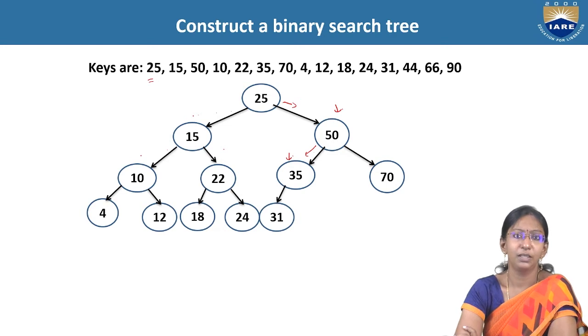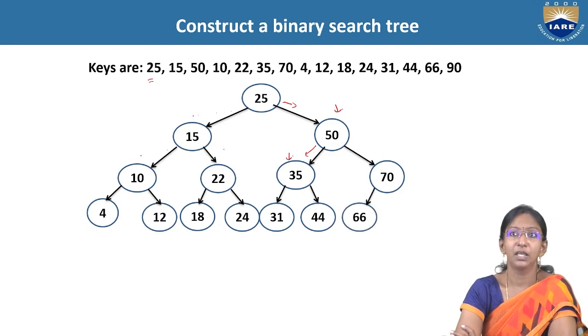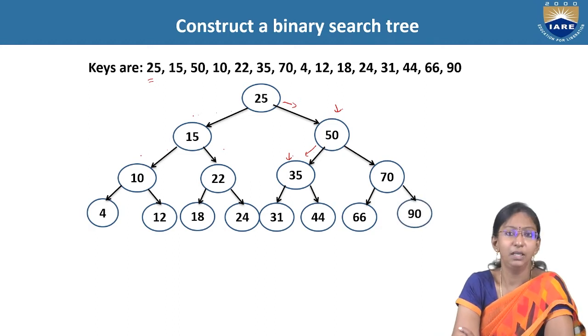Next, 44, greater than 25, less than 50, greater than 35, so right child of 35. Next is 66, greater than 25, 50, but less than 70, so left child of 70. Next, 90, greater than 25, 50, 70, so the rightmost element will be 90.